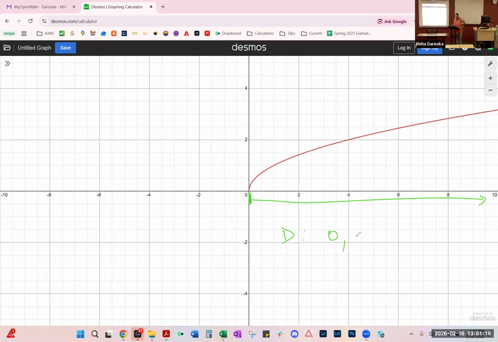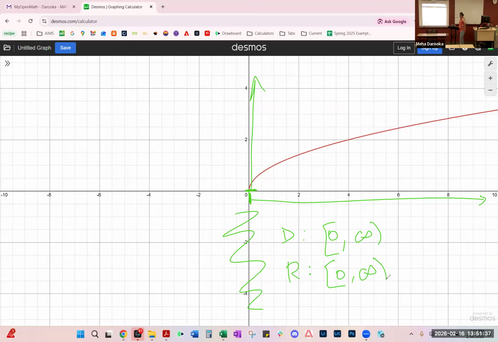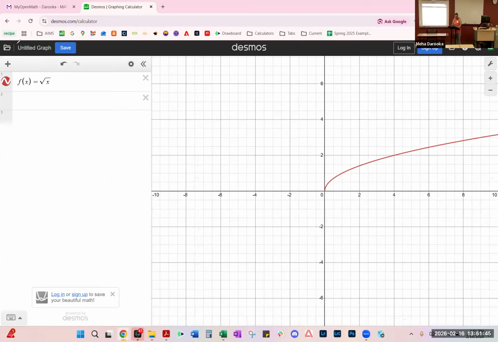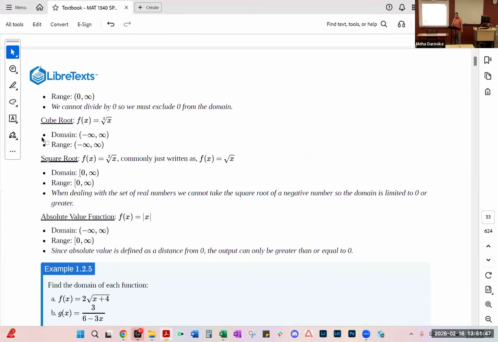So for the domain, 0 to positive infinity, but you are actually including 0. For the y value, you will also notice there is no graph on the negative side. So even for the range, you are starting at 0, and then of course you're headed upwards towards positive infinity. So for the square root function, your domain and range are 0 to infinity. And this time, like I said, you are including 0 in your function.